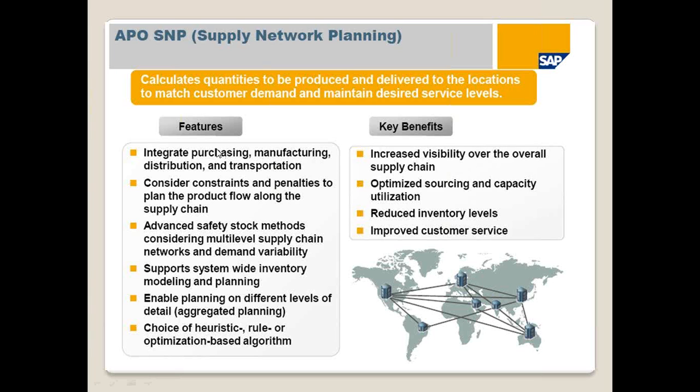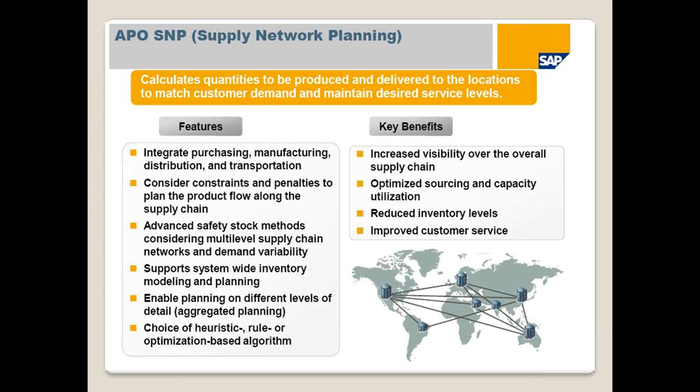So SNP basically covers purchasing, manufacturing, distribution, and transportation. And again, there are a lot of other scenarios like safety stock, shelf life planning, and aggregation. And for planning, SAP gives different options: heuristics, optimizer, CTM. You can do cost-based planning.